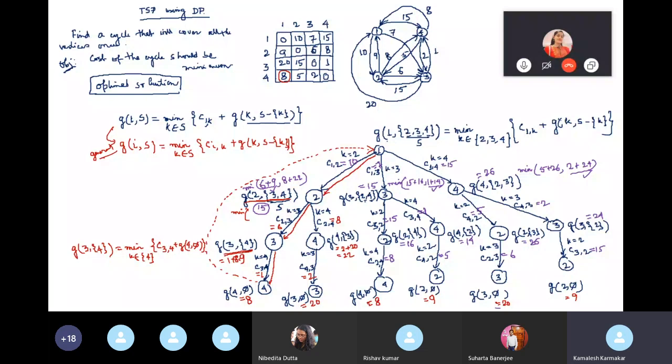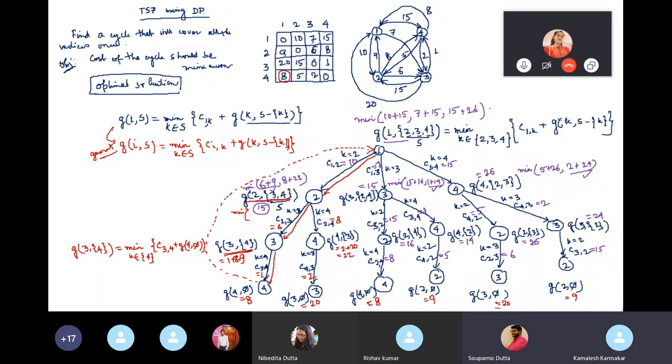This value will be the minimum over, first we consider this path: 10 plus 15. Following the second path, it will be 7 plus 15, and from the third path it will be 15 plus 20.